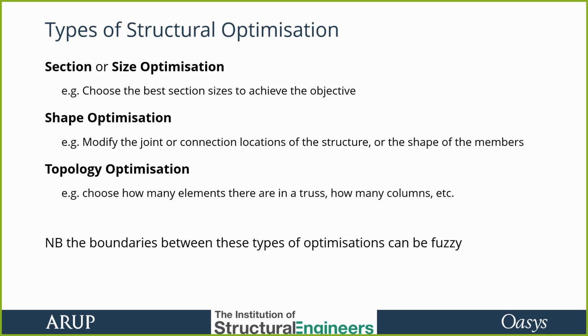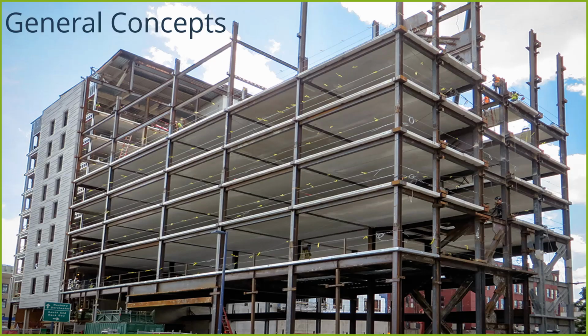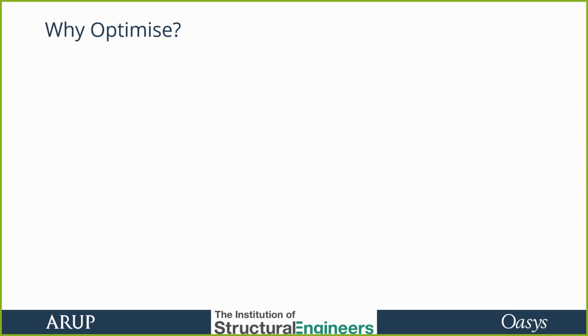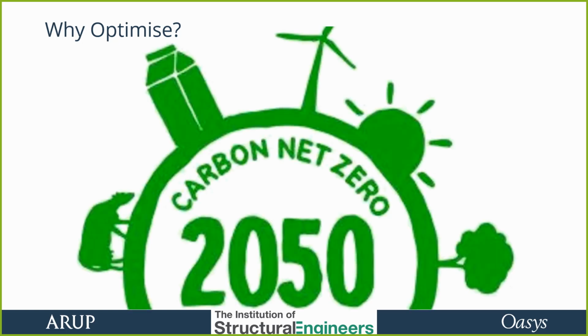And of course, the main thing with all these optimizations is why we're doing it. As engineers, we want to produce structures which are as efficient as possible, particularly relating to carbon net zero.